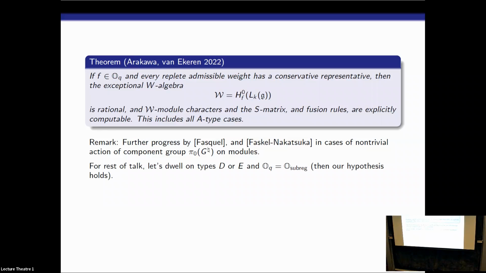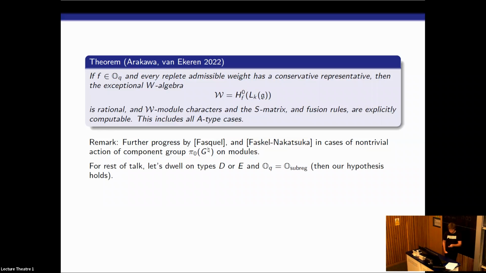I'm also not going to talk about type A. So let's talk about type D and E, and at least one case where these hypotheses do hold in type D and E is for the subregular nilpotent orbit. Okay. So let me talk about these examples.